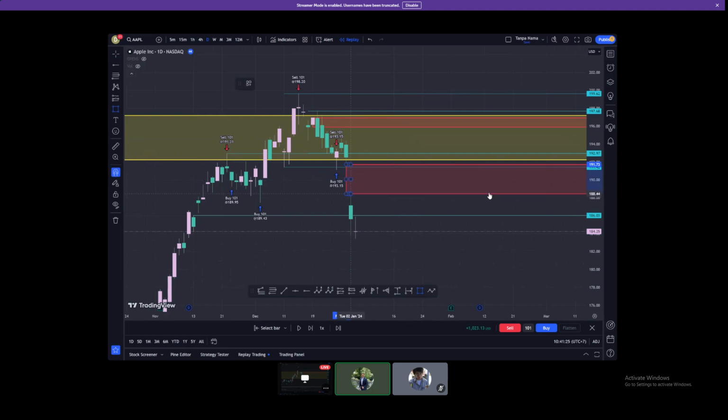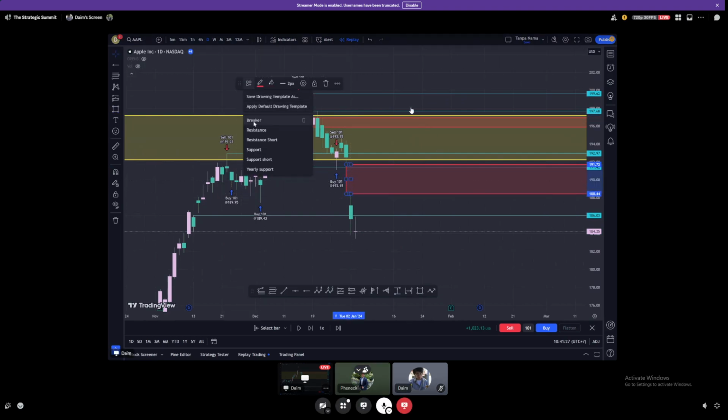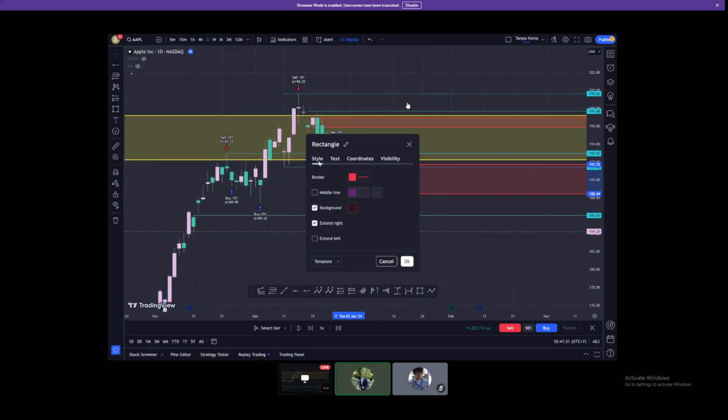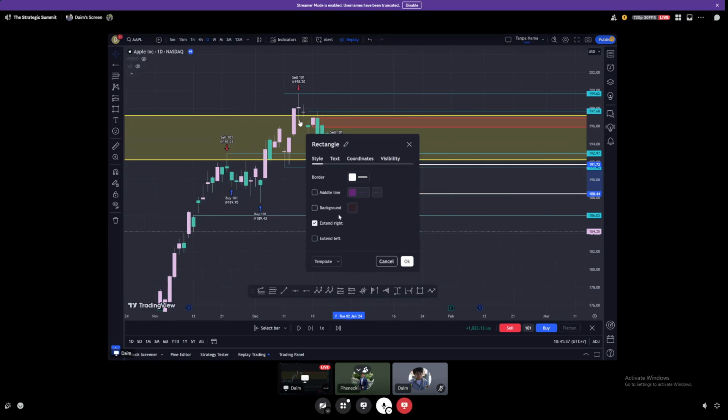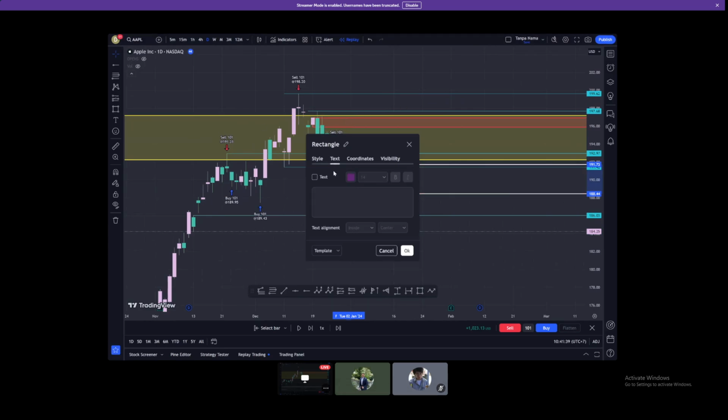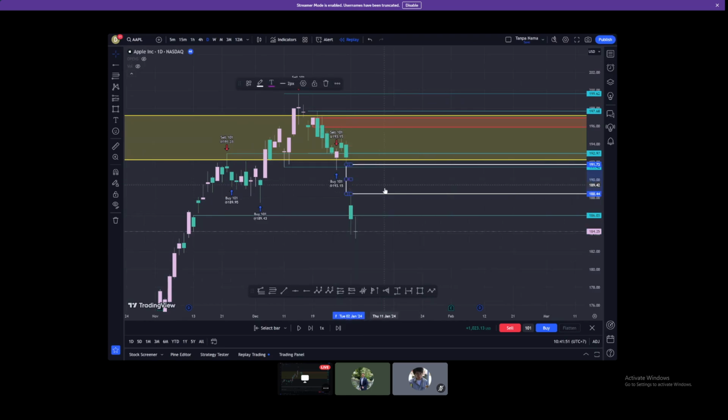But now the first thing you got to do is draw some support zones and be on the lookout on where the market is going to bounce from. Yeah, that's a gap.